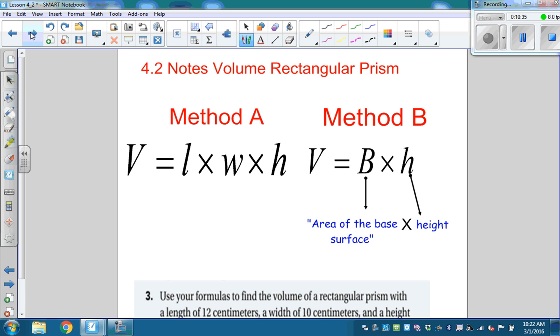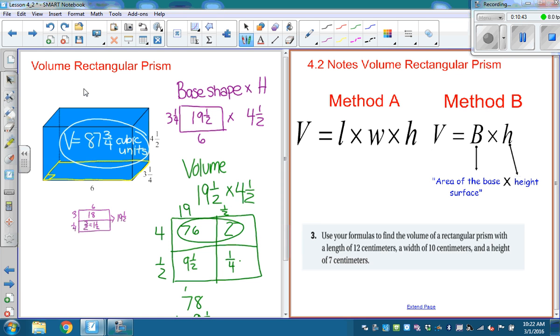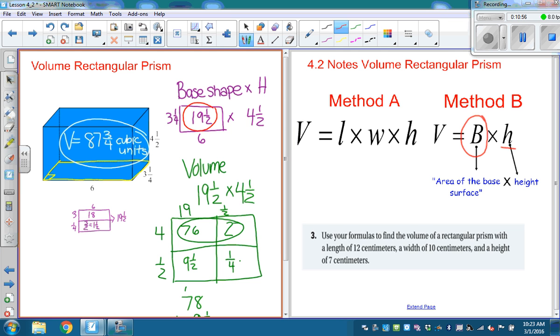In summary, to figure out the volume of a rectangular prism, you have two choices. You can find the area of the base shape and multiply by the height. The area of my base shape here was 19.5, and the height was 4.5.